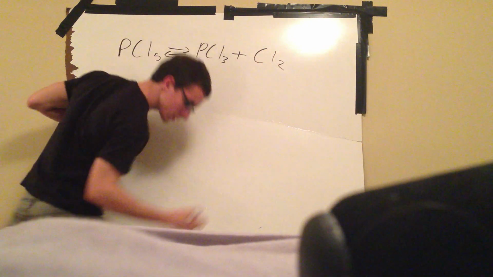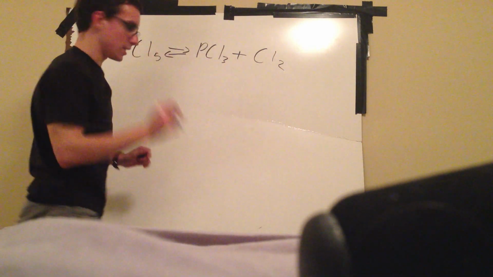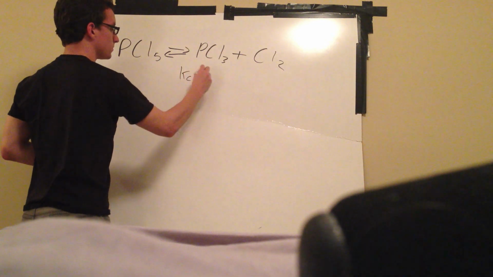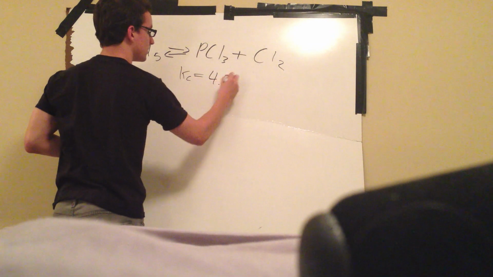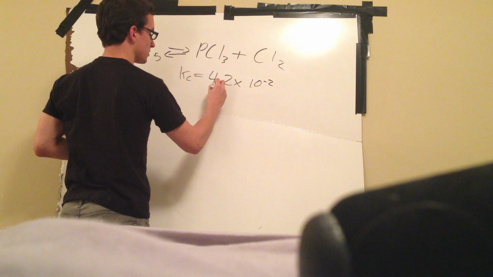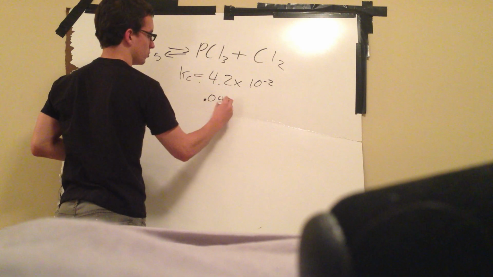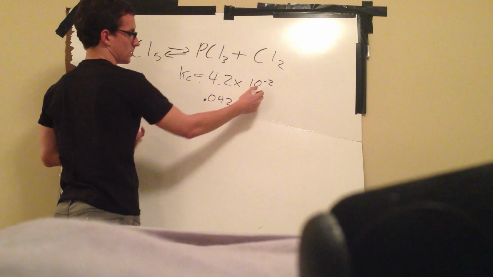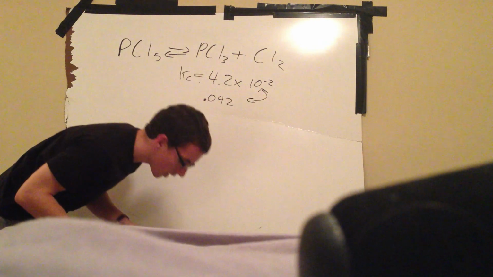Let me check on that. Yes, it's Cl2. And it also tells us that Kc equals 4.2 times 10 to the negative second, which can also be written as 0.042. These are the same thing.